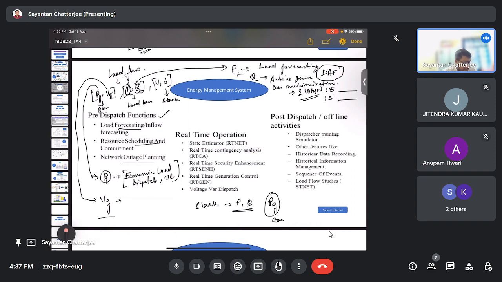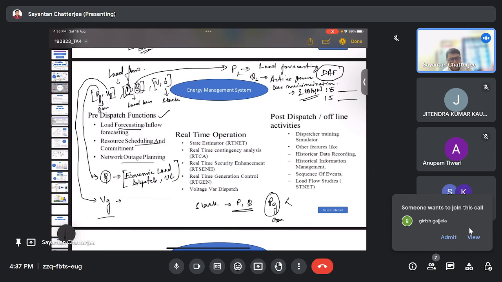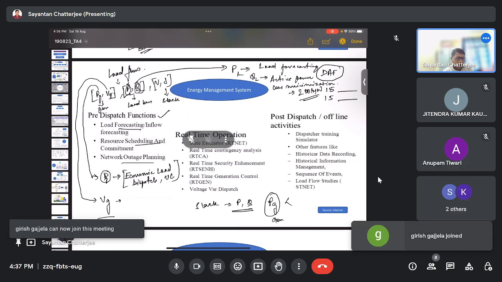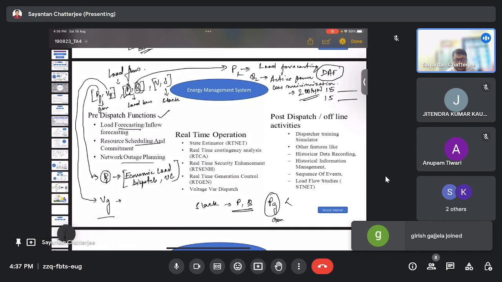It is quite a conventional approach, but in practice it is not performed. In practice there are some assumptions that the slack bus would be the largest generator among all the generators, and it would also have infinite voltage support and all these things, but in the practical case that doesn't hold.